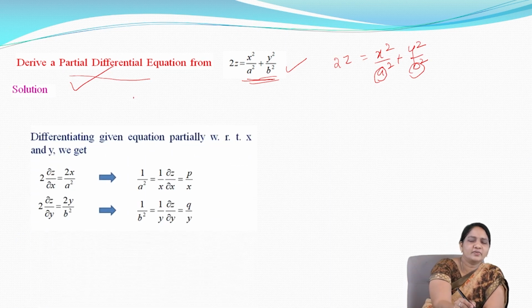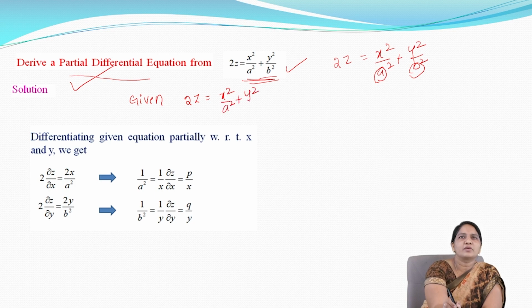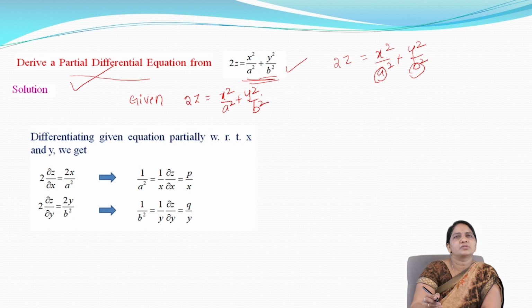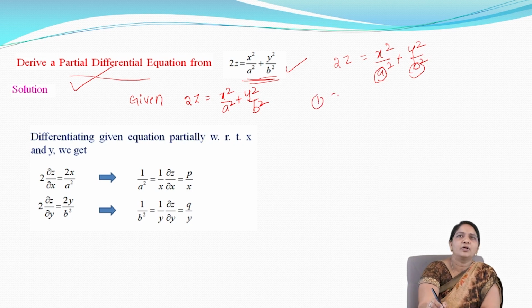So here, observe the solution. First, what is the given equation? I am writing the given: 2z equal to x squared by a square plus y squared by b square. So this is the equation. According to the procedure, first I have to calculate dou z by dou x, and second I have to calculate dou z by dou y.